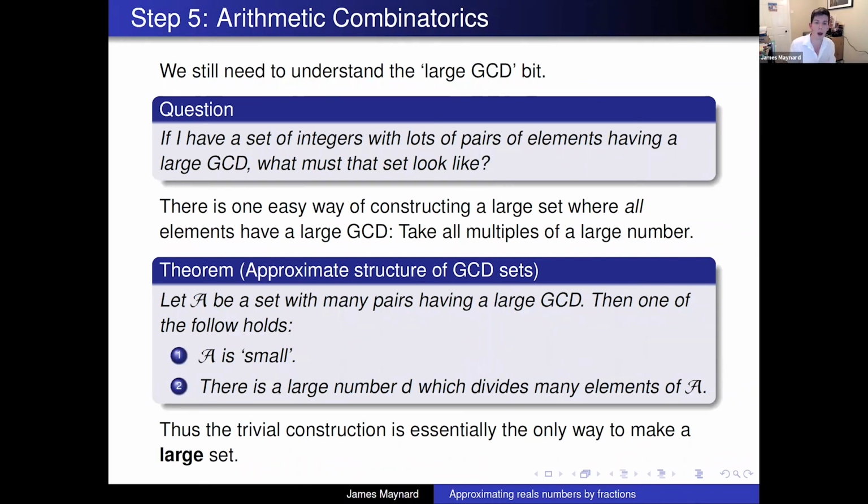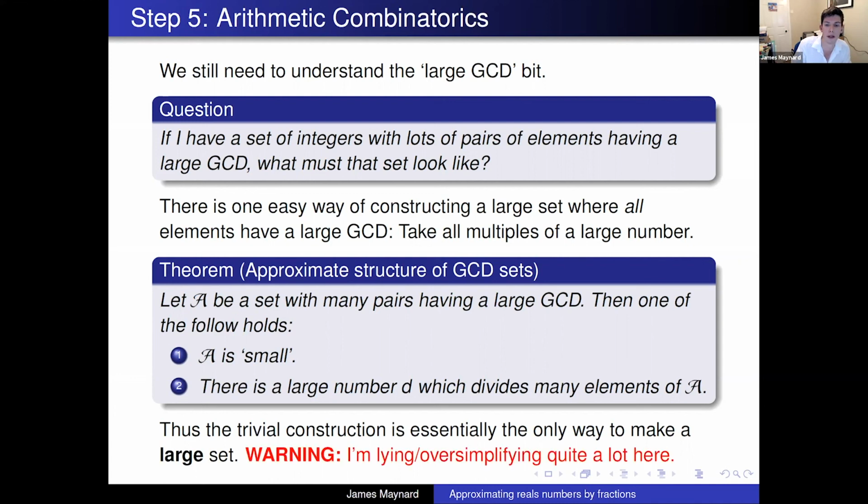We said if you have a set of integers where, say, 1% of pairs of elements in your set have a large greatest common divisor, then in some quantifiable way, either your original set must be unusually small, or it must essentially look like this trivial example that I just mentioned, that there's some large number D which divides many elements of your set A. And so this means we actually have a structural theorem that says the only way you can possibly have lots and lots of pairs having large GCDs is if they look very close to this trivial construction.